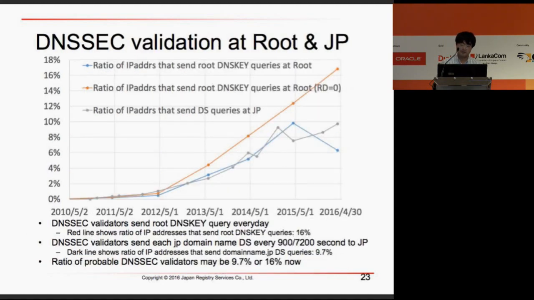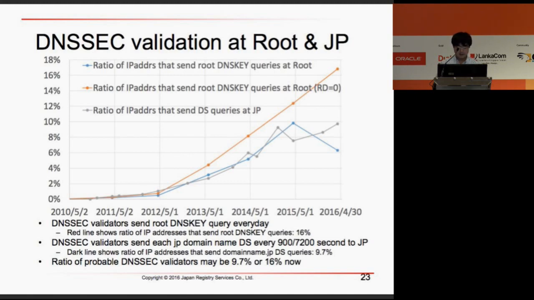And the next graph shows DNSSEC validation at root and JP. DNSSEC validators send root DNS key query every day. Red line shows ratio of IP addresses that send root DNS key queries. Currently 16% and still increasing.